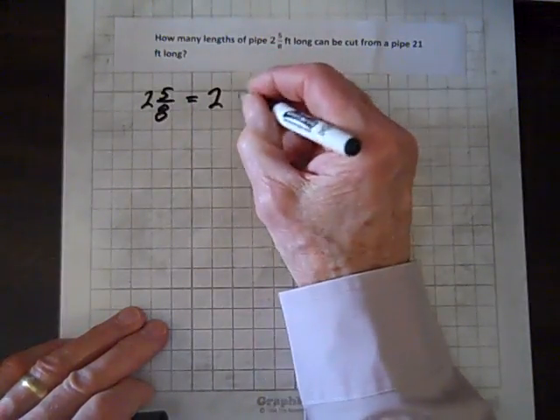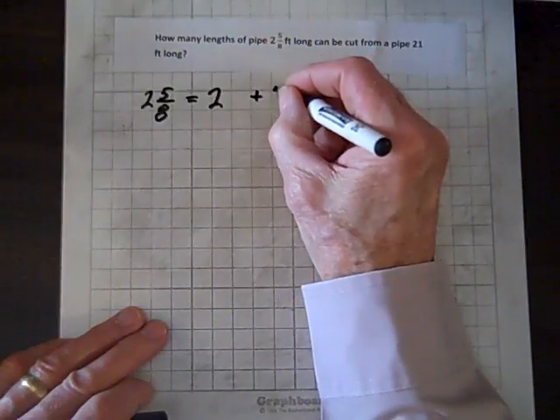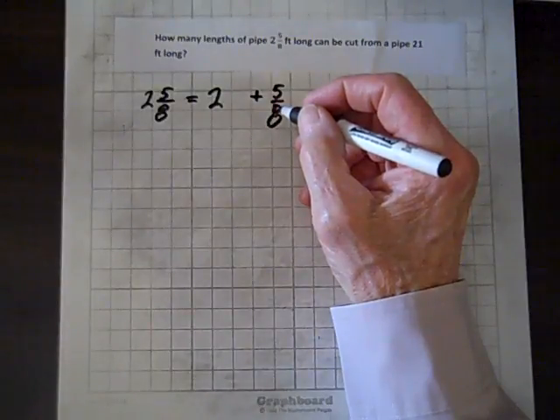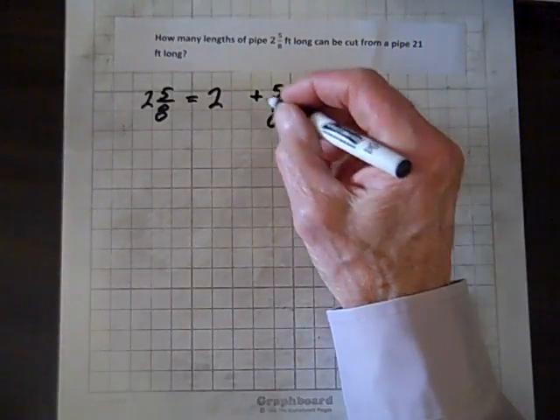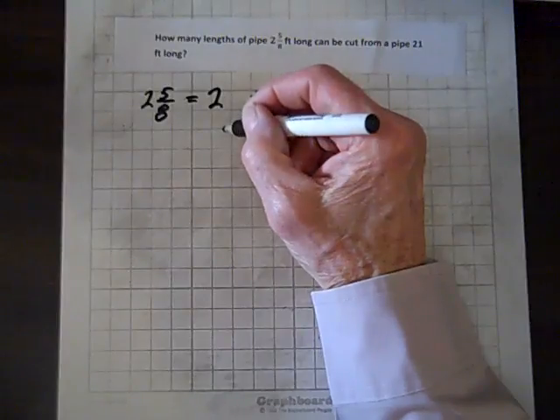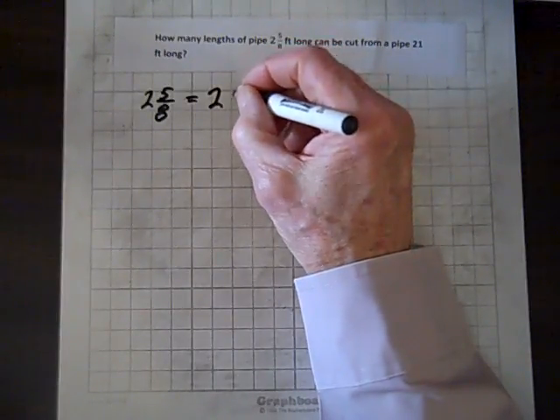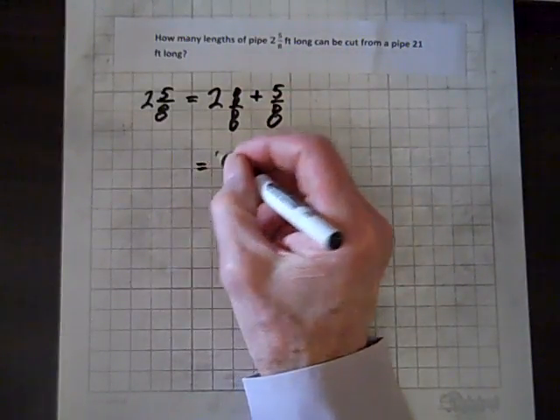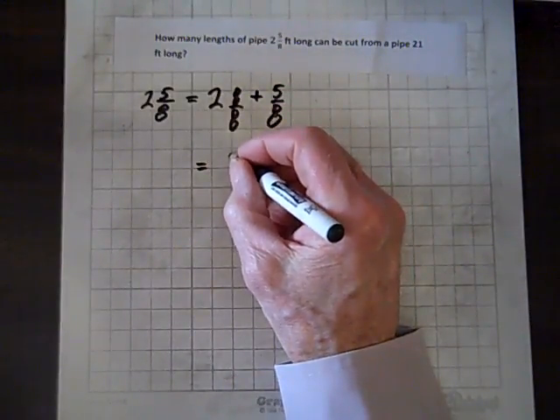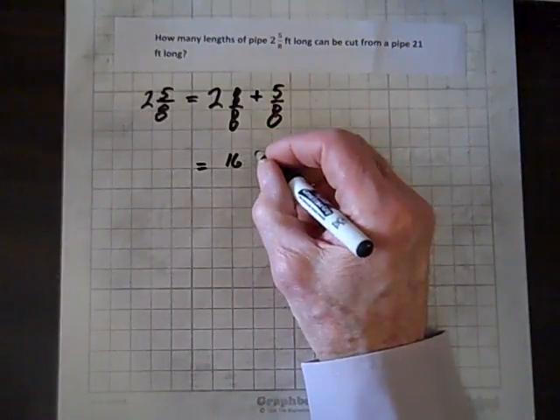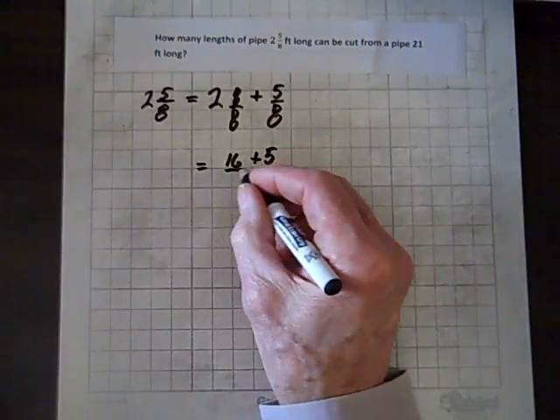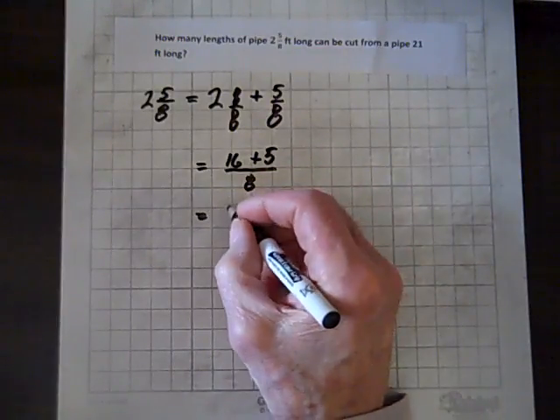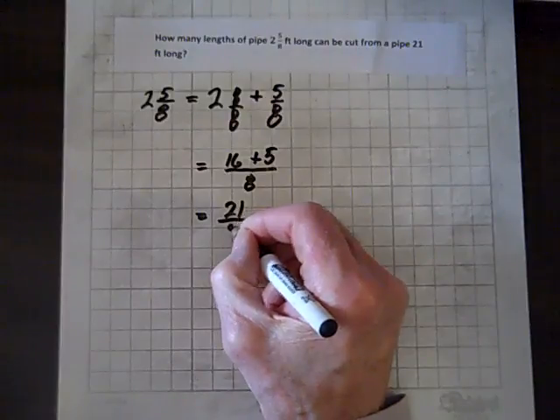So anyhow, that's 2 plus 5/8. So the common denominator here is 8. So we have to multiply this thing by 1 in the form of 8/8. And 2 times 8 is 16, plus 5, all over 8, which equals 21/8.